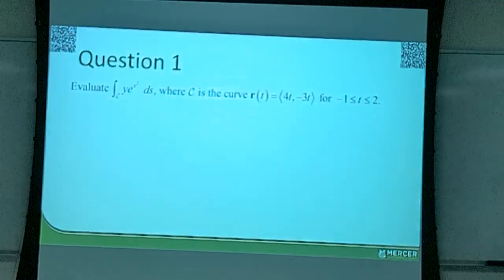So let's go ahead and evaluate some path integrals. This is a scalar. They were nice enough to tell us the parameterization of the curve, so we don't have to worry about that. We need r prime.